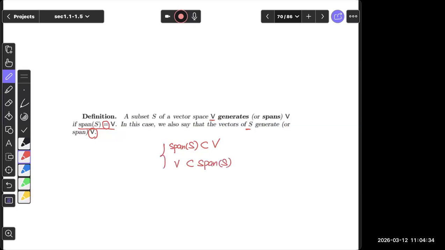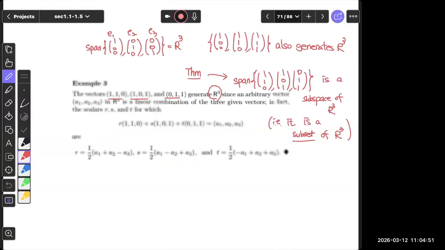If these two can be proved, then the span of S and V will be equal, and in that case, S will generate the V space, right? Now, in this example, the first part was easy because we just selected three vectors from R3 space, so their span will be a subspace of R3 space.